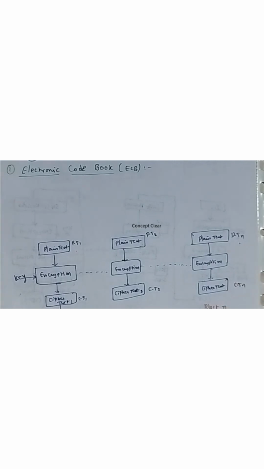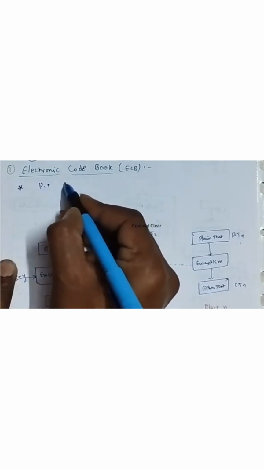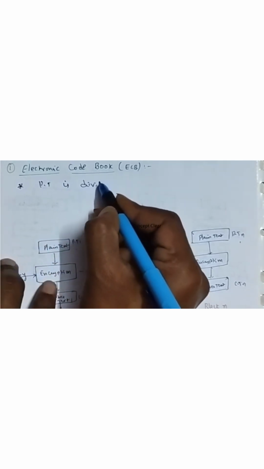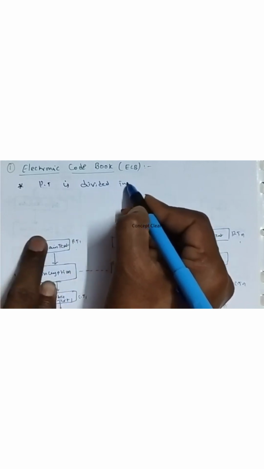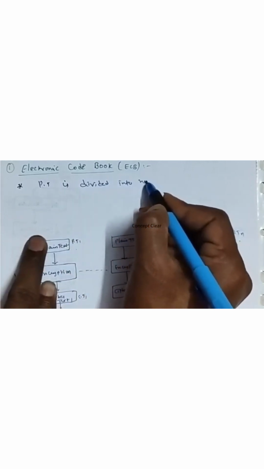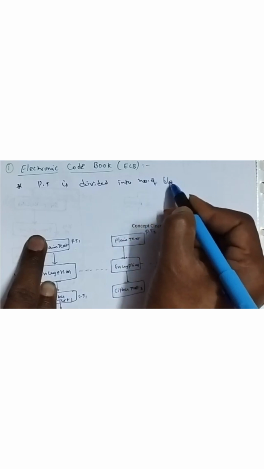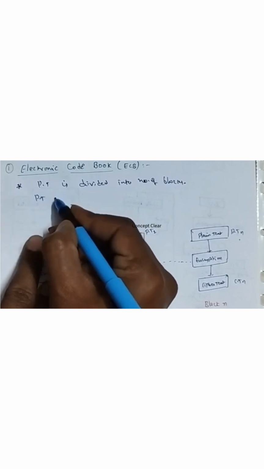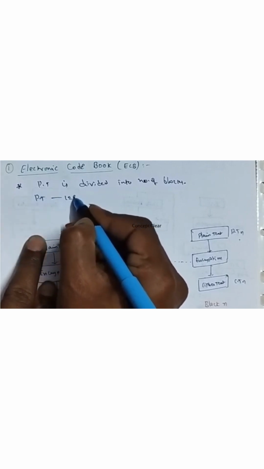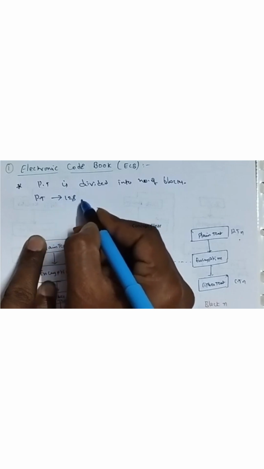Here, what is happening first? The plain text is divided into a number of blocks. Suppose the plain text is 128 bits.